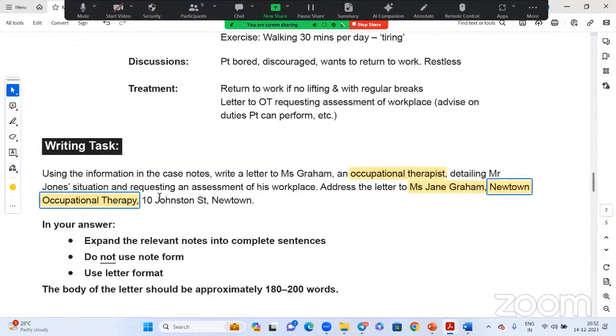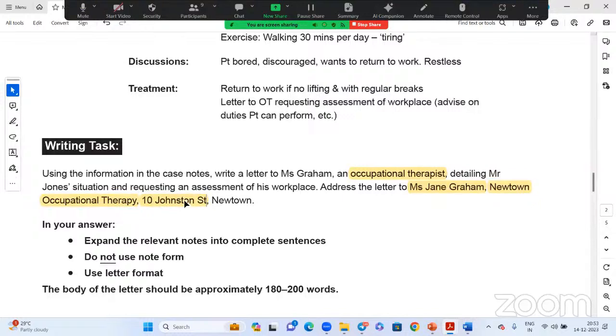Next is here, 10 Johnson Street. Right. 10 Johnson Street.